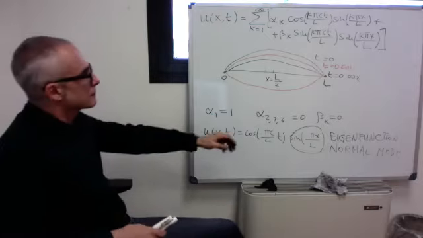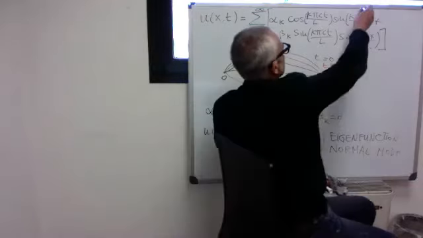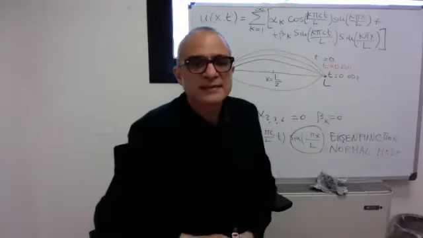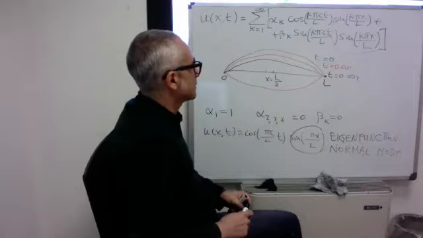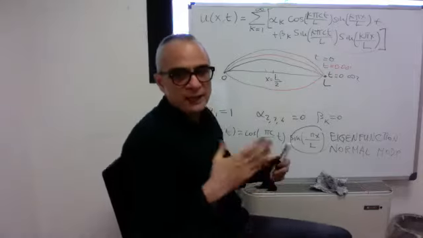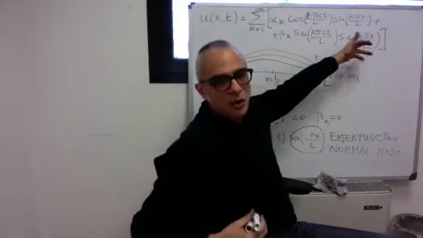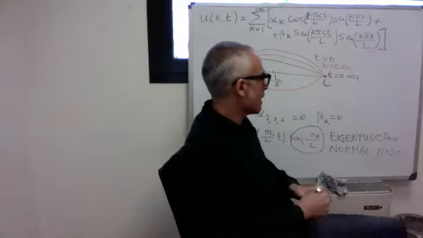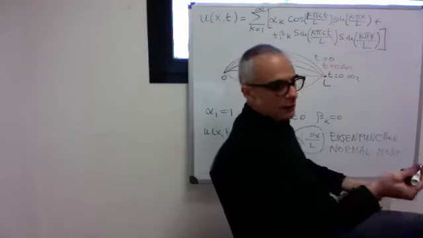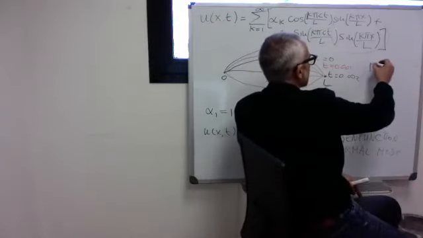Like you have it right here, for each k, there's a mode. The first mode, associated with the lowest possible value of k, which is 1 in our formulation, is called the fundamental mode.